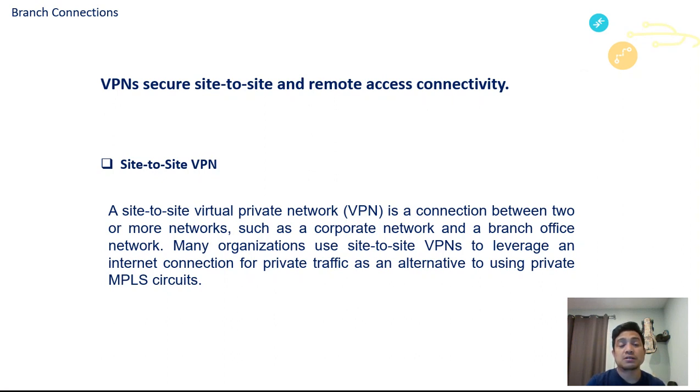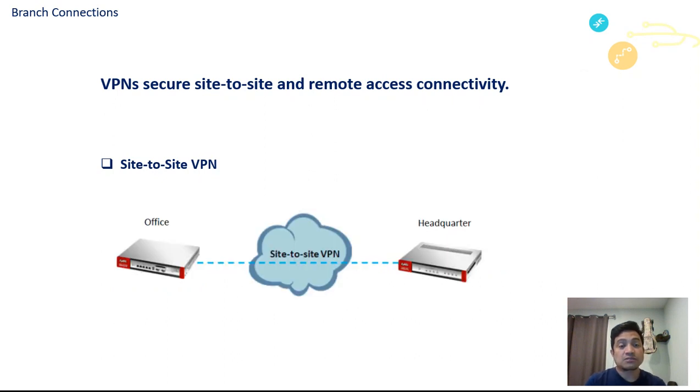So in that type of configuration, both sites are able to connect to each other and communicate and do the day-to-day transactions, for example, accessing the corporate network, accessing servers and services, transferring files, something of that sort. So for site-to-site VPN, you will see the diagram.